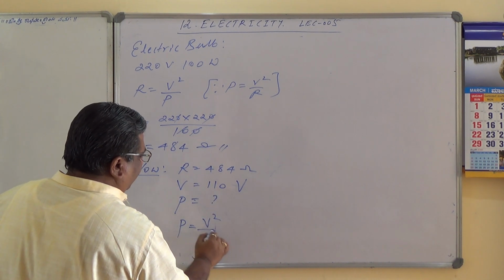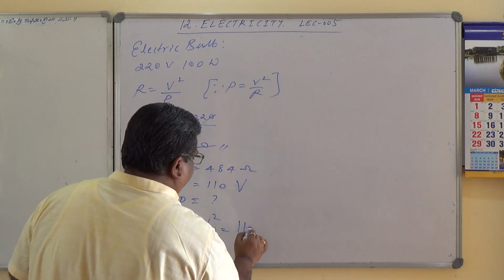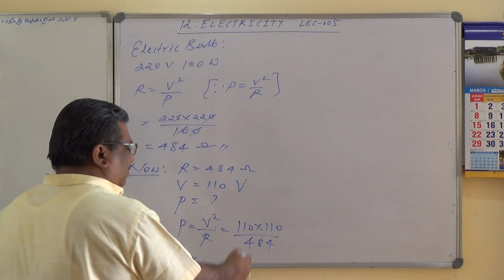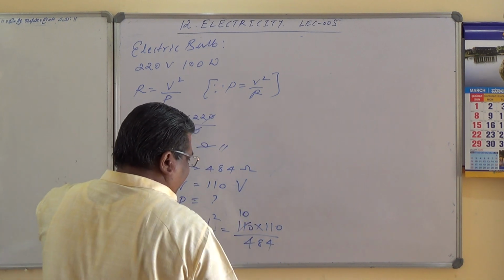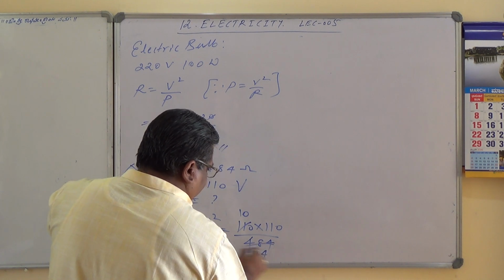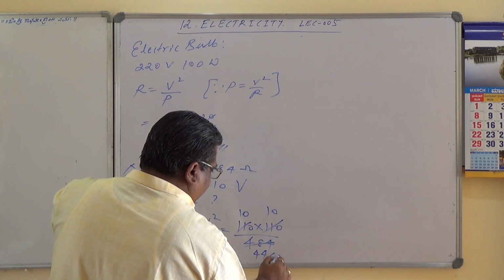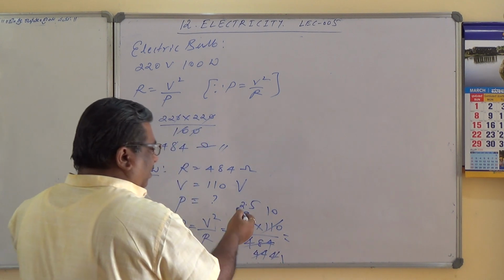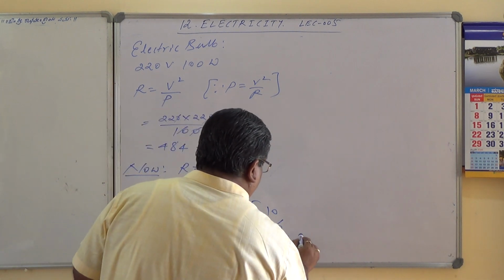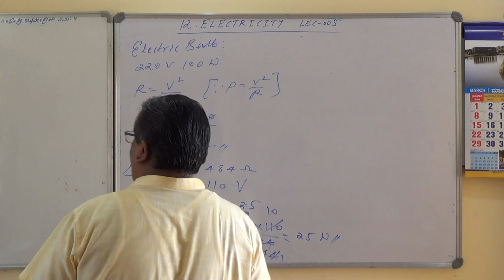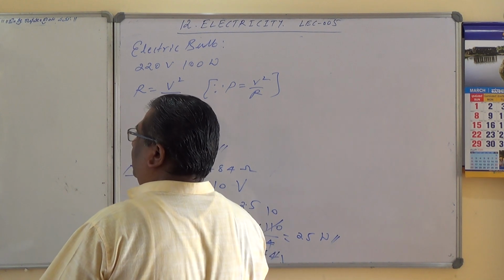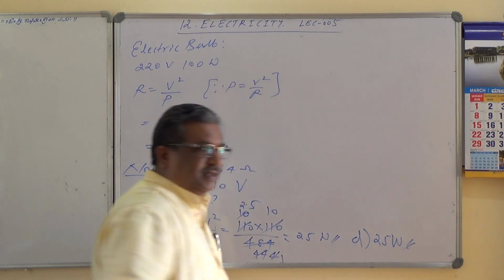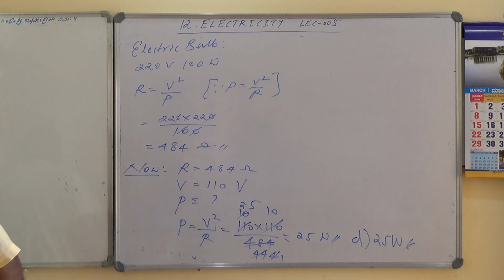Power equals V square by R, so 110 into 110 divided by 484. 11 ones are 11, 11 tens are 110, and 44 into 11 is 484. That gives 2.5 into 10, which is 25 watts. Do we have that option? Yes, D. Therefore 25 watts is the answer. Next.